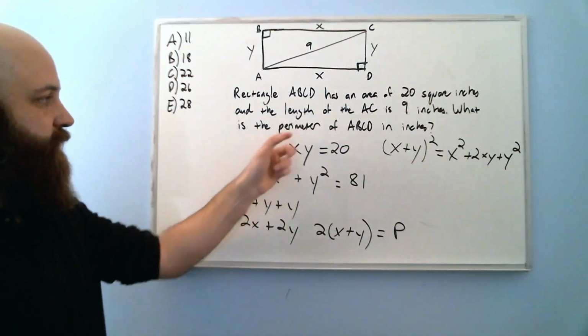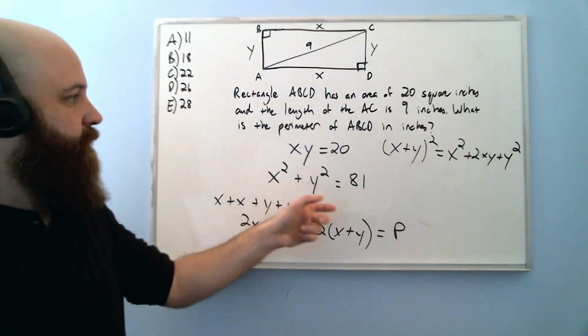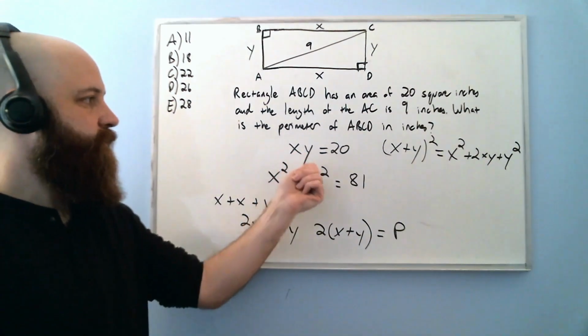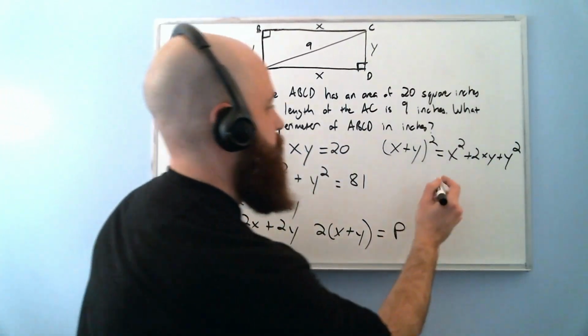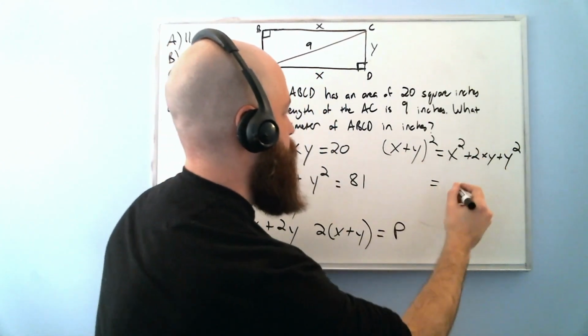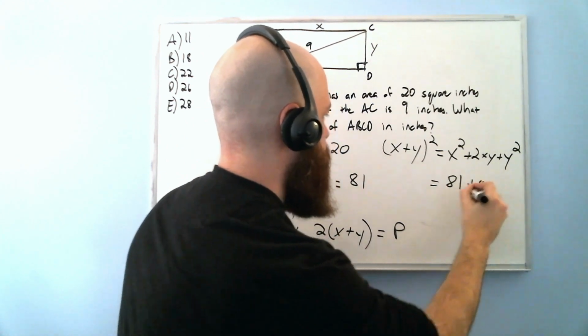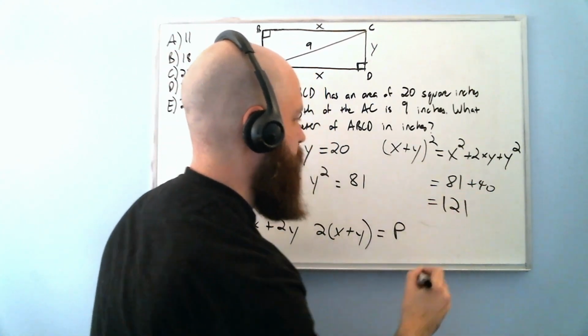Does this information help me figure this out? Looks pretty good, right? That x squared plus y squared I know is 81, and 2xy, well, if xy is 20, 2xy is 40. So let's apply that knowledge. x squared plus y squared is 81, 2xy is 40, so x plus y squared is equal to 121.